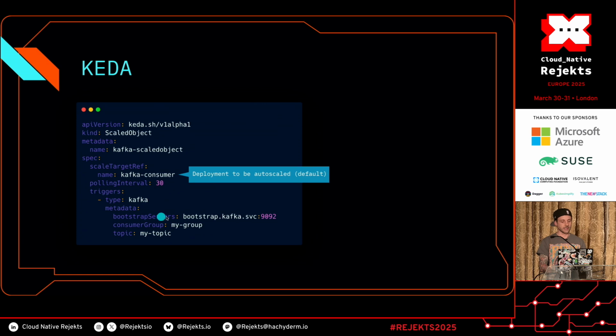You give the trigger, and then the metadata is all the parameters for the metrics to be gathered by KEDA. Here we need the address of Kafka, the consumer group, and the topic. Because we expose this directly into the metrics, HPA can access it without having to use a Prometheus adapter that you would have to deploy yourself if you were using HPA only.